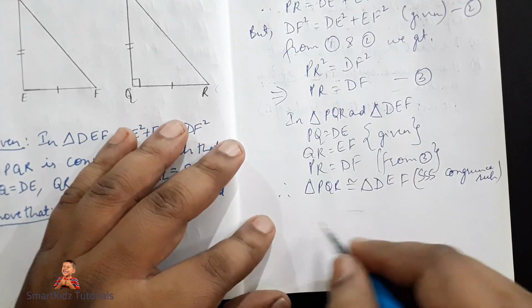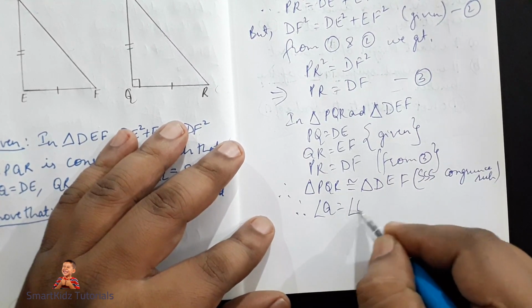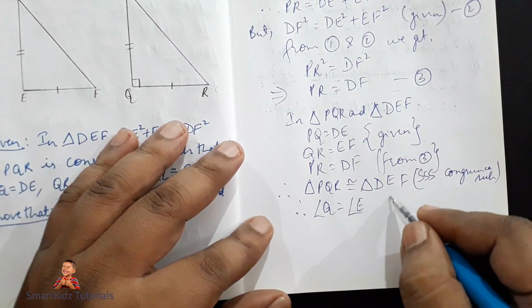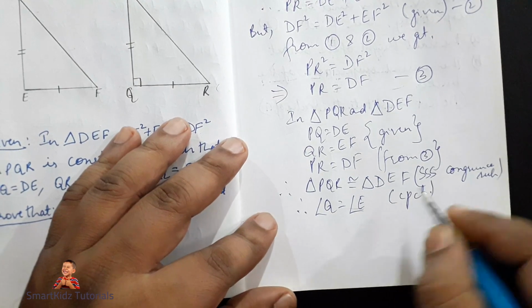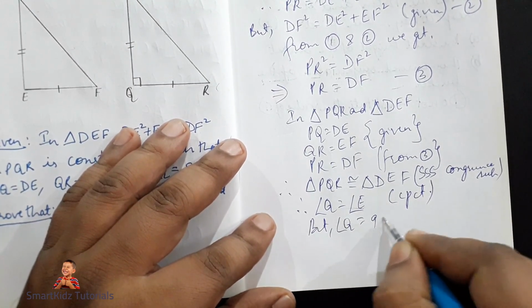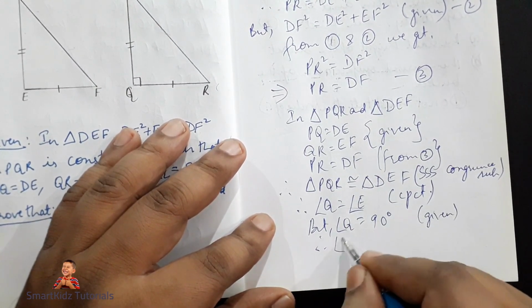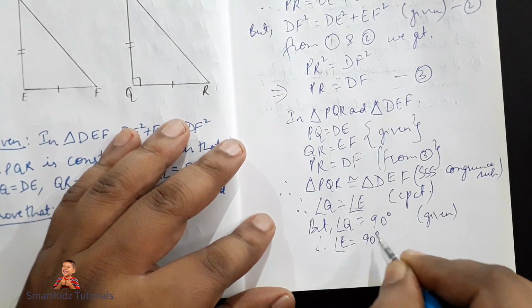And therefore we can take that angle Q is equal to angle E as CPCT, but angle Q is equal to 90 degrees. This is given to us. So therefore angle E is equal to 90 degrees.